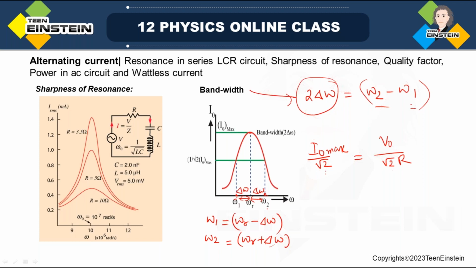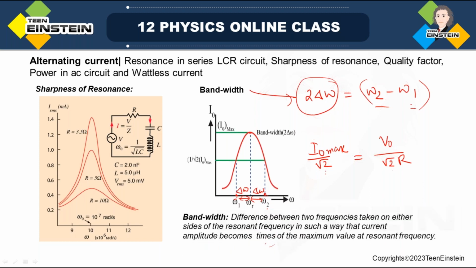So what is the formal definition? Here I have given the formal definition of bandwidth. It is the difference between two frequencies taken on either side of the resonant frequency in such a way that the current amplitude becomes 1 by root 2 times the maximum value at the resonant frequency.